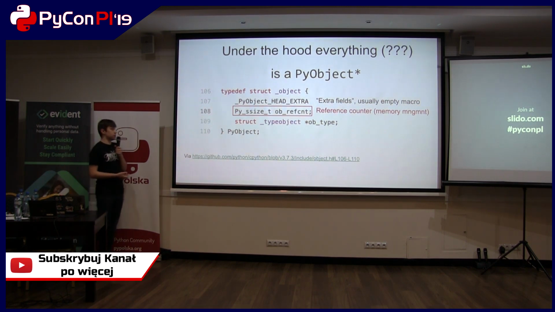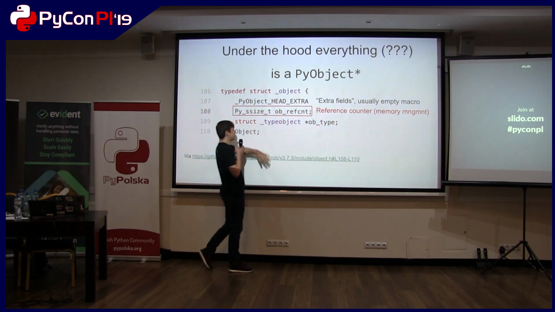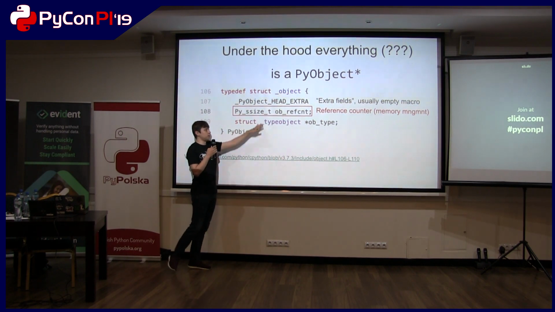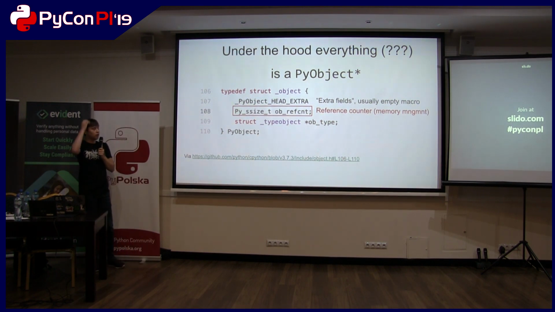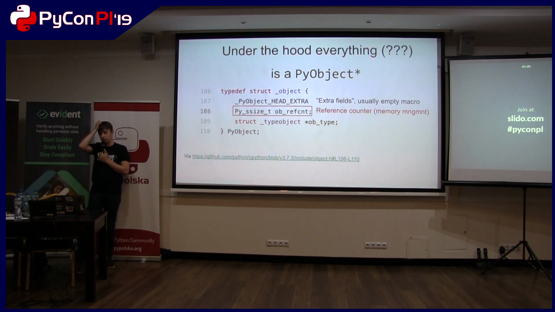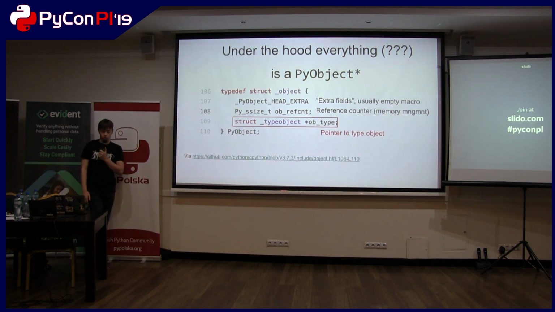The next thing is the field ob_refcnt, and this has the type Py_ssize_t, which means signed size. This is a reference counter, used for memory management. Later on, we have a pointer called ob_type, which is a pointer to a type object.